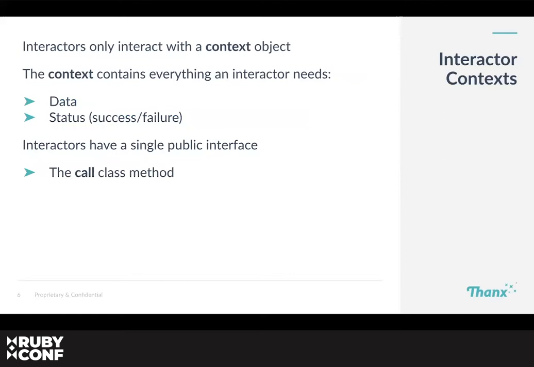Instead of having to initialize a new class, there's some logic that allows you to just run the class name, .call, pass in your context, and then run your logic. We'll walk through an example of that shortly.